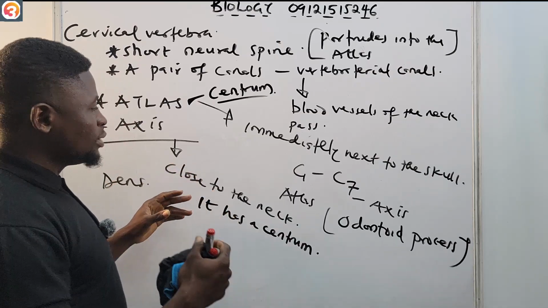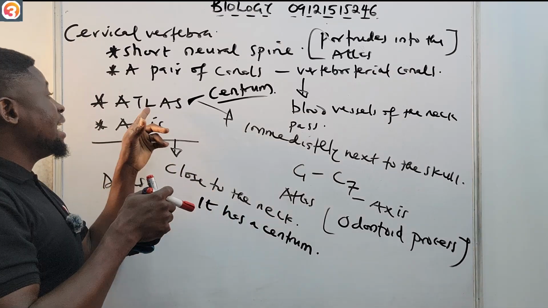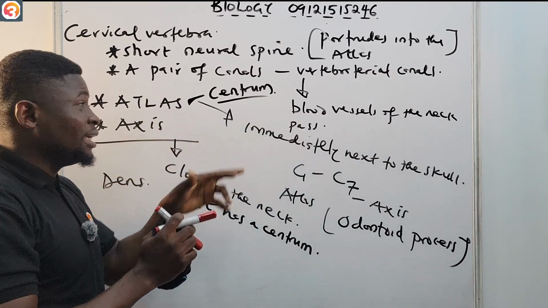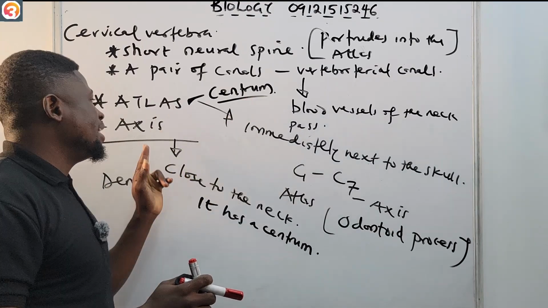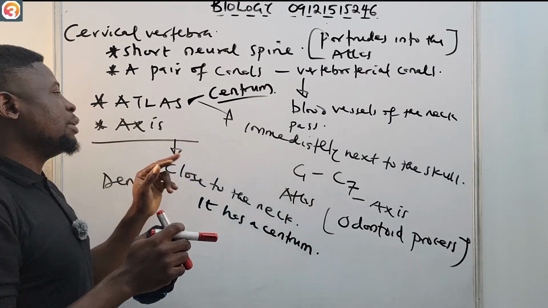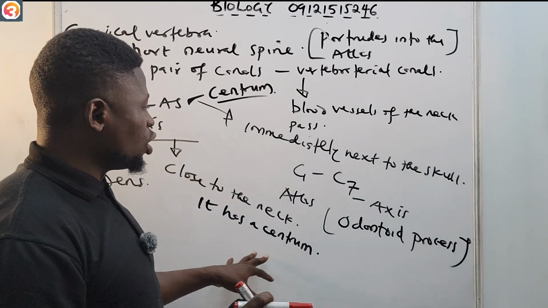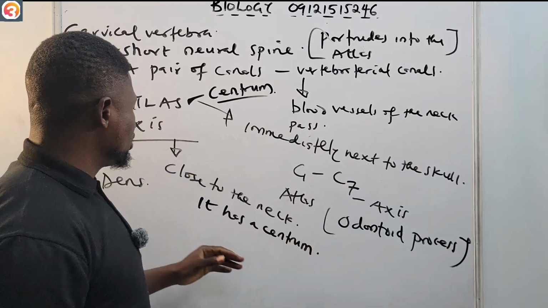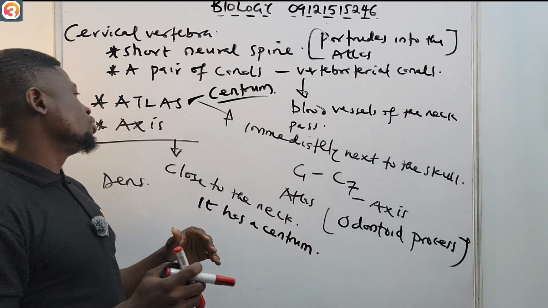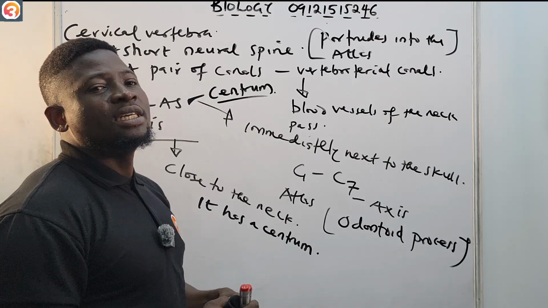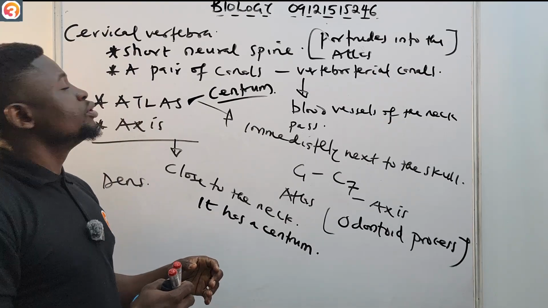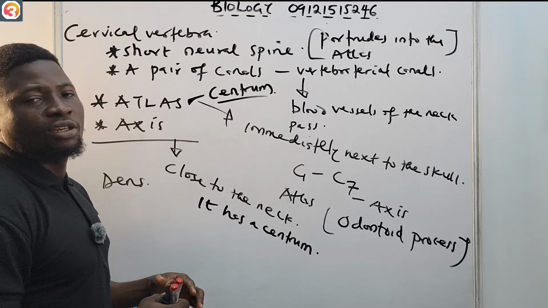The atlas does not have a centrum, while the axis has a centrum. The axis protrudes into the atlas to form the odontoid process, also called the dens, which pivots the atlas and allows us to rotate our neck from side to side.